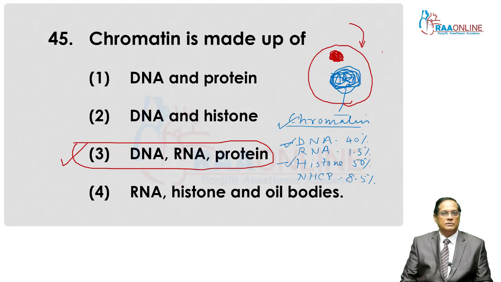They are visible in prophase and they disappear during the last phase, that is telophase. Similarly, we can say chromatin condensation takes place in prophase and decondensation takes place in telophase stage. This is all about the few questions of cytology.